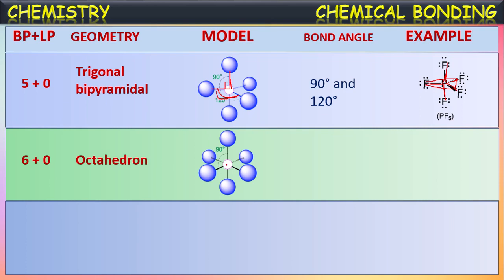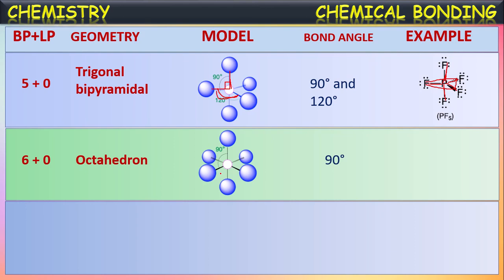The central atom has 4 more atoms, or 4 bond pairs, in the same plane, and there is one bond pair above the plane and one more bond pair below the plane. So from all the corners, if we observe, there exist 8 sides. That's why it is called octahedron shape. Here the bond angle between any 2 bond pairs will be 90 degrees.